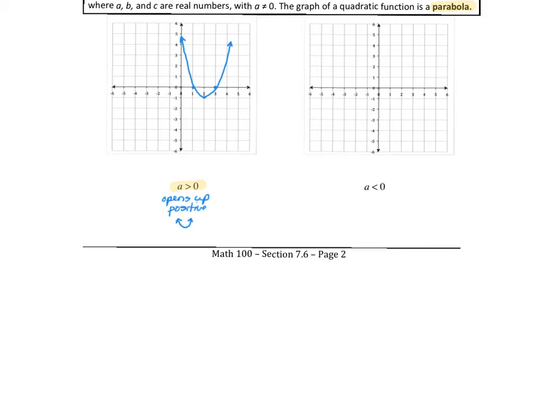So this is an example of a graph of a quadratic function that opens up. The lowest point, if it opens up, is called our vertex. And then in this particular parabola, I have 2 x-intercepts and I have 1 y-intercept.